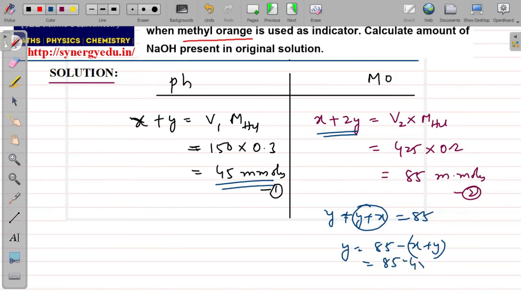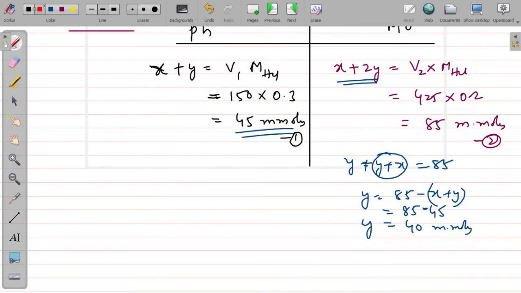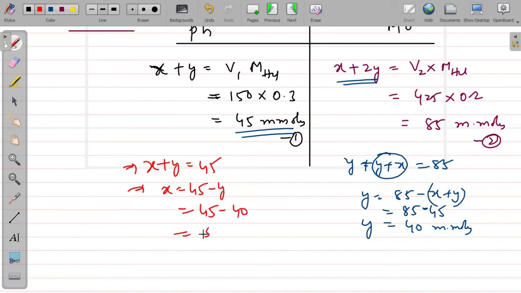So 85 minus 45, which will be 40. So if Y is 40, then I can calculate X. Since X plus Y is equal to 45, I can write X as 45 minus Y, which is 5 millimoles.